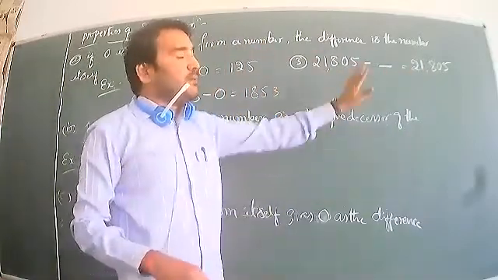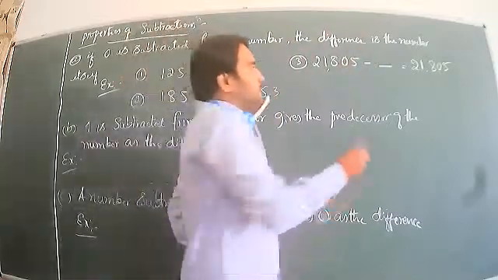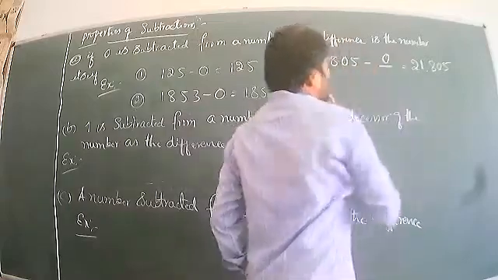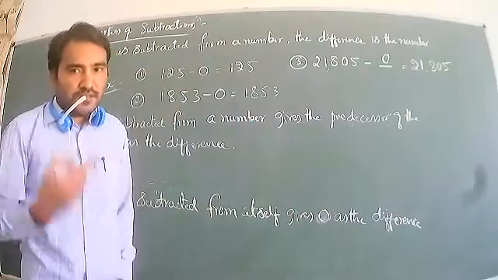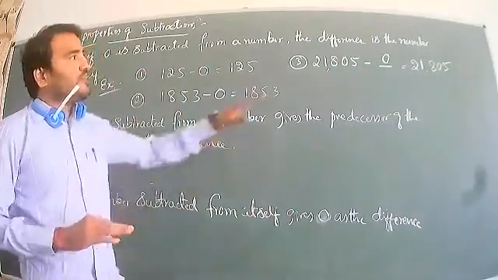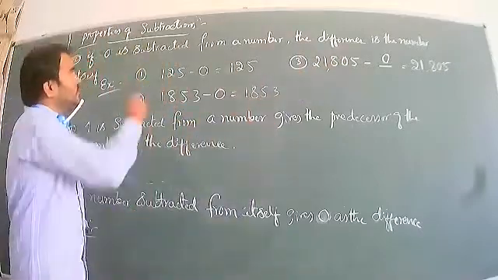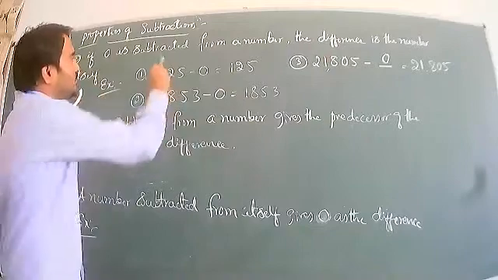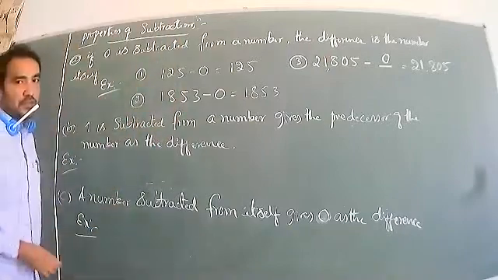What number should be subtracted so the answer is itself? We know the property: when we subtract 0, the difference is the number itself. Keep it in mind. This type of question will be asked in your exercise. When 0 is subtracted from a number, the difference is the number itself. These are the three examples.